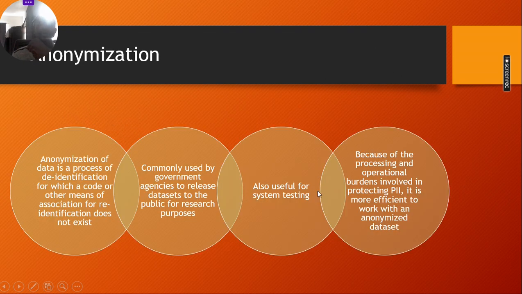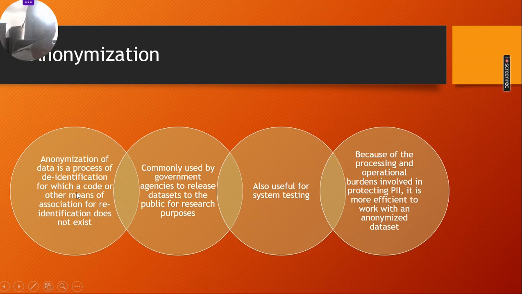Now let's move on quickly because we have a long way to go. Anonymization has 4 phases. Anonymization of data is a process of de-identification because you cannot trace or identify who the person is. It is a process of de-identification for which a code, algorithms, pseudonyms, or any other means of association for re-identification does not exist.